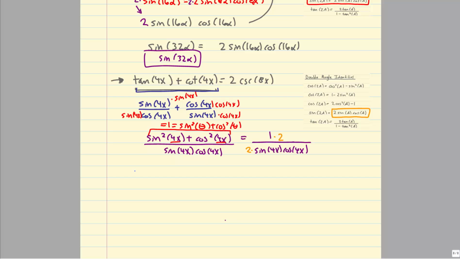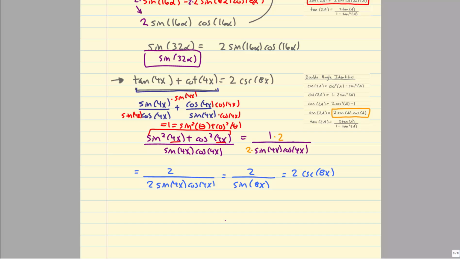Rewriting there, I'd have 2 over 2 sine of 4x cosine of 4x. And this would simplify then to the sine of 2 times 4x, or 8x, and 1 over sine is cosecant. So this is 2 cosecant of 8x.